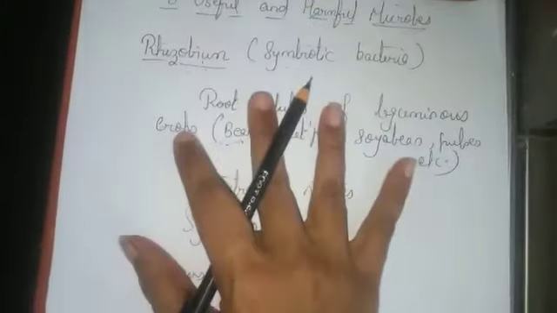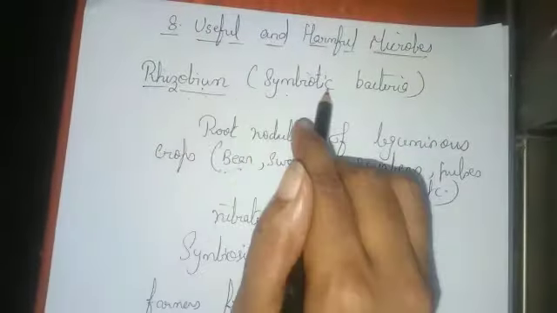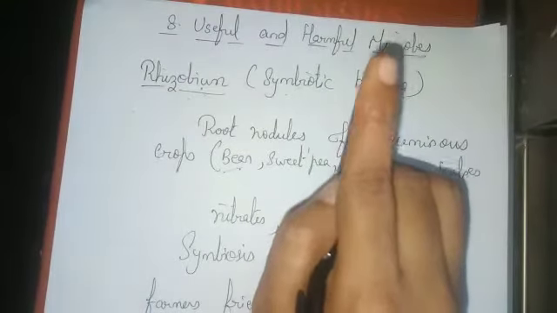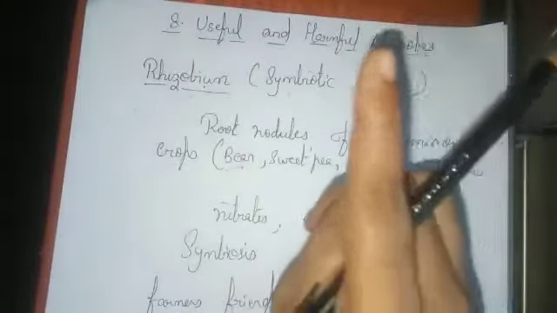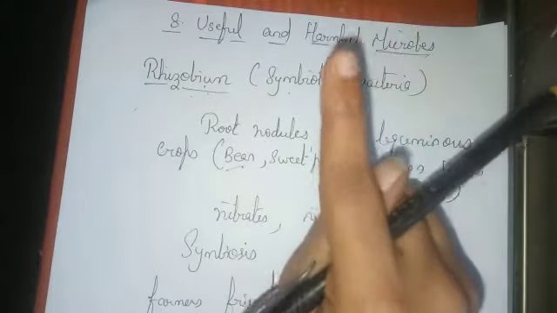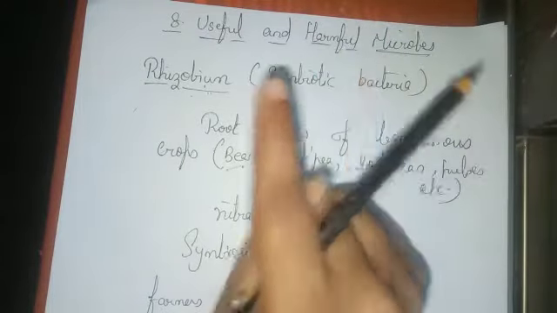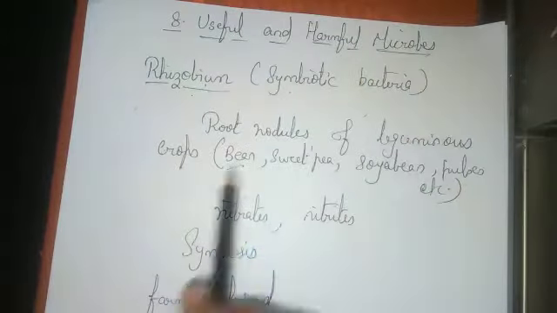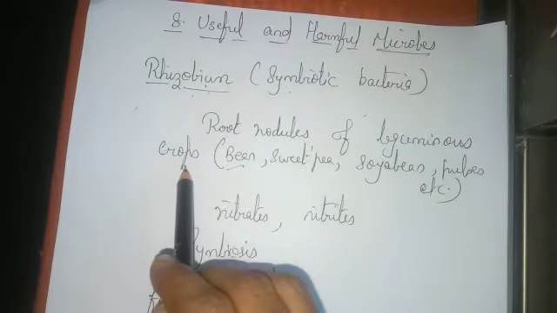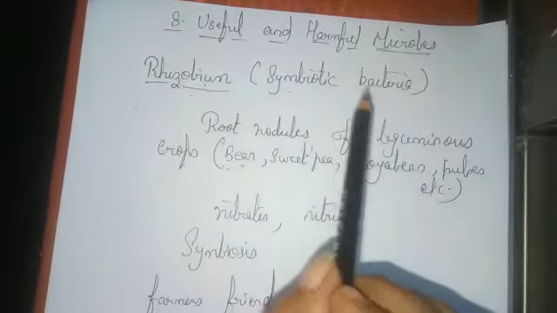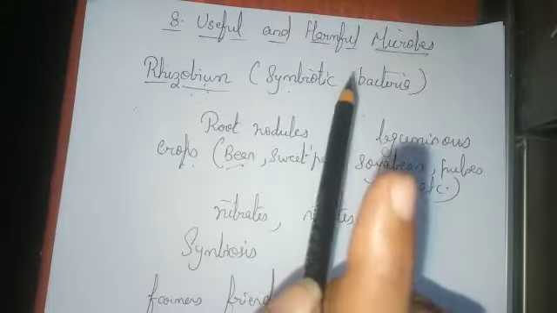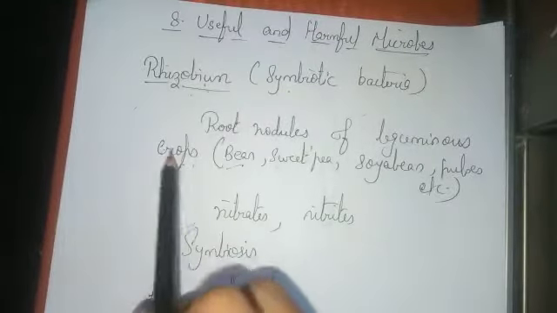I hope it's clear why the rhizobium is called symbiotic bacteria. Because rhizobium helps the crops by supplying the nitrogen. They convert the atmospheric nitrogen into nitrogen compounds and make it available to the leguminous crops. In turn, these leguminous crops provide shelter, and not only shelter, children, I forgot to tell this, they even provide food to the rhizobium.